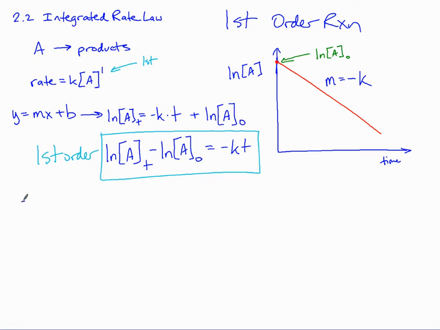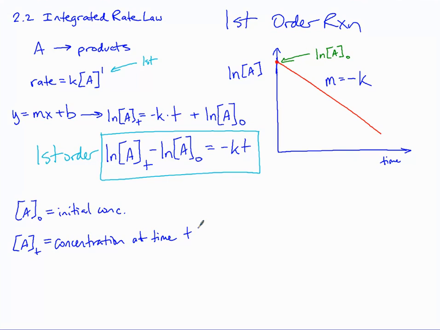Same things as last time. Concentration of A0 is initial concentration. Concentration of A sub t is concentration at time of t.